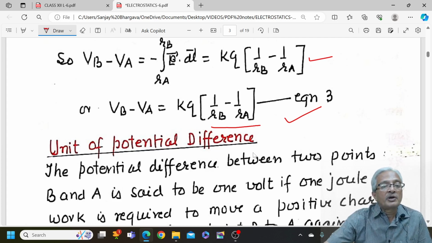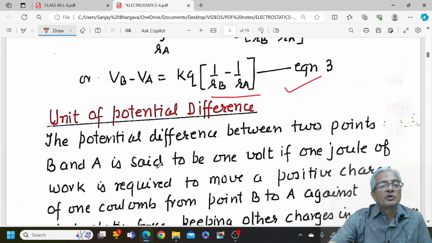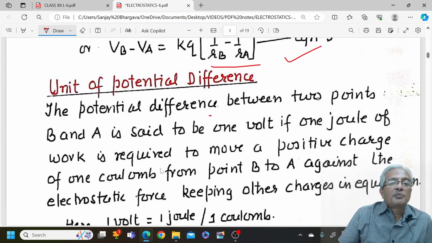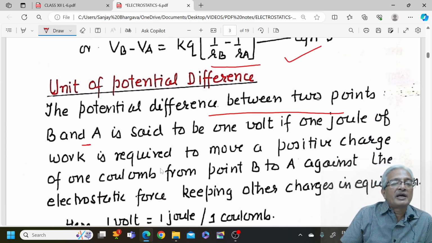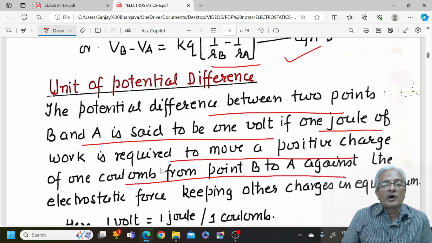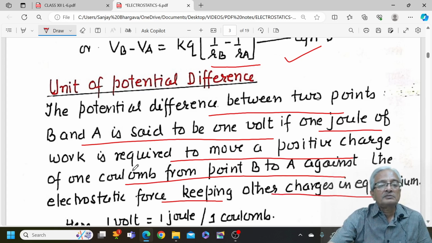What is the unit of potential difference? Normally the unit of potential difference is volt. How do we define it? We say the potential difference between 2 points B and A is said to be 1 volt if 1 joule of work is required to move a positive charge of 1 coulomb from point B to point A against the electrostatic force, keeping other charges in equilibrium.